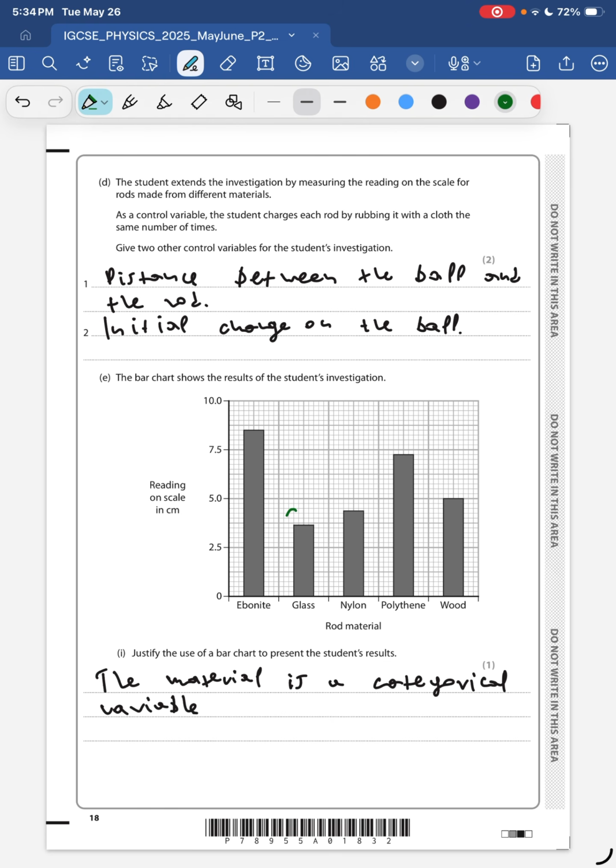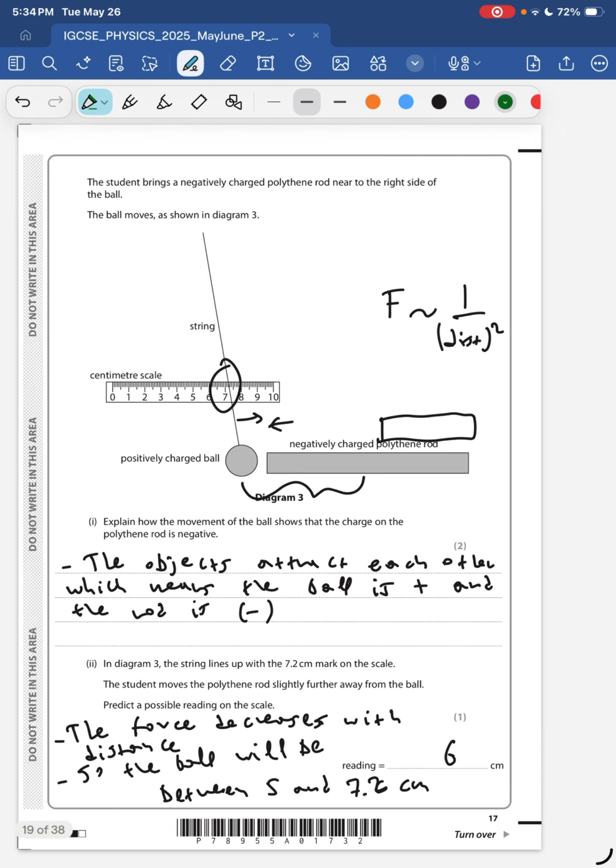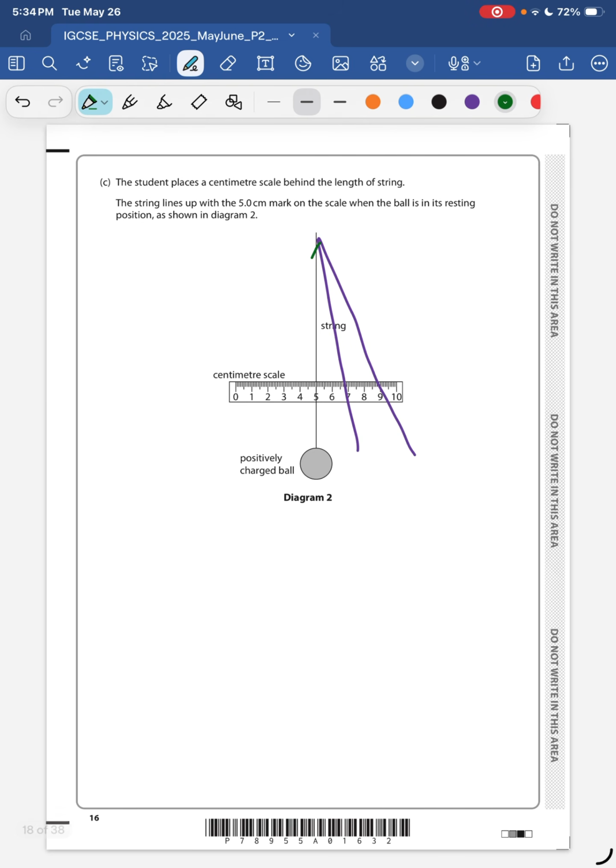Let's use green. So glass and nylon actually move to the left. Okay, so they move there. Okay, which means that they move the ball to the left, which means that they're positively charged, okay, because they repel the ball. Okay, so the ball moves to the left and these materials move to the right.